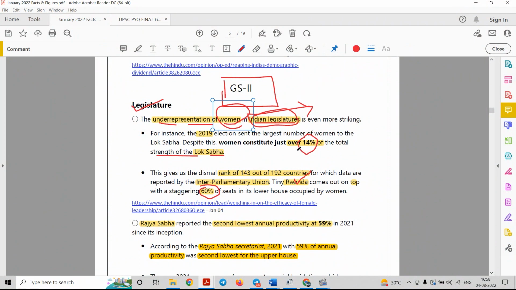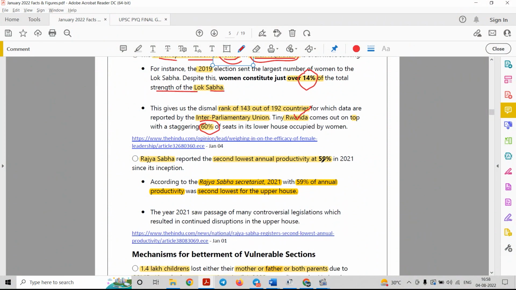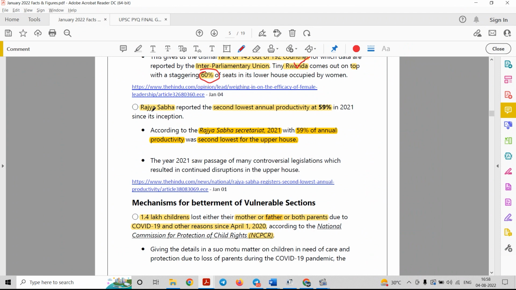Okay. Next is about the productivity of Rajya Sabha. Now we know that Rajya Sabha is the upper house of the Parliament, and it does the work of scrutinizing the various bills which are passed by the Lok Sabha.